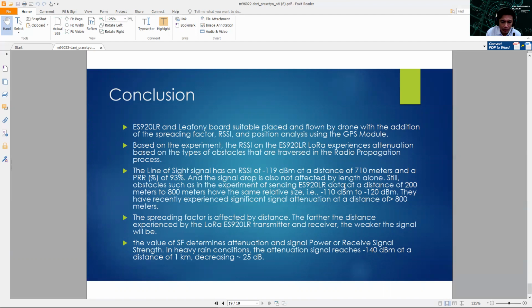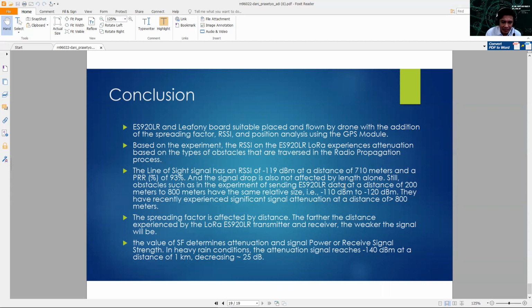The signal drop is also not affected by length alone. Still, with obstacles, in the experiment sending ES920LR data at distances of 200 to 800 meters, the values have the same relative size, for example minus 110 dBm to minus 120 dBm.